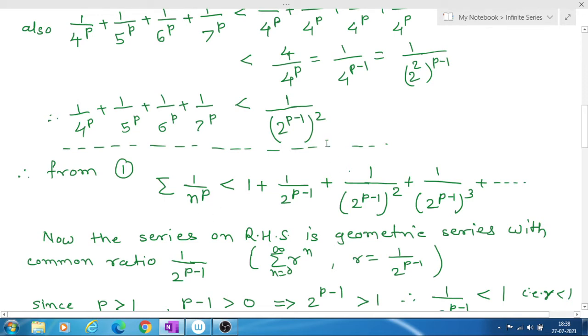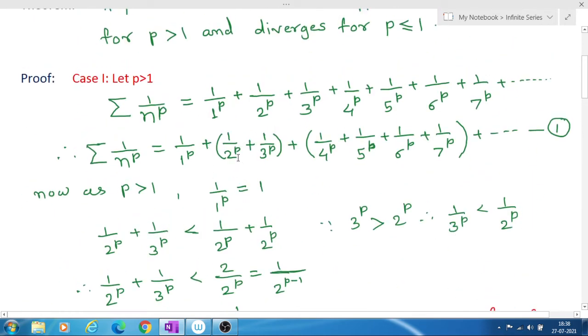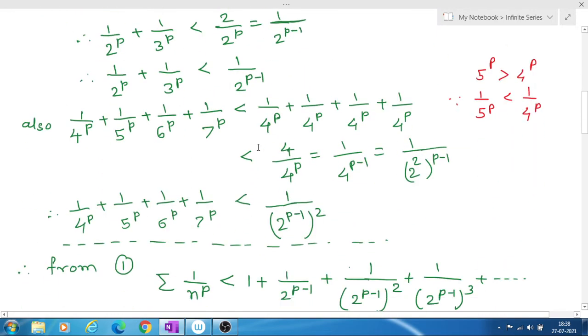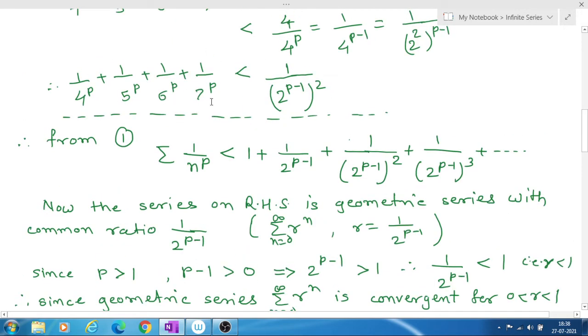And thus in the series written in equation number 1, if we substitute all these inequalities instead of the brackets, then we get that the series is less than, since each inequality is less than, 1 raised to p, which is equal to 1, as it is, and the next bracket is less than 1 upon 2 raised to p minus 1, plus the next bracket is less than 1 upon 2 raised to p minus 1 bracket square, and the next is 1 upon 2 raised to p minus 1 bracket cube, and so on.